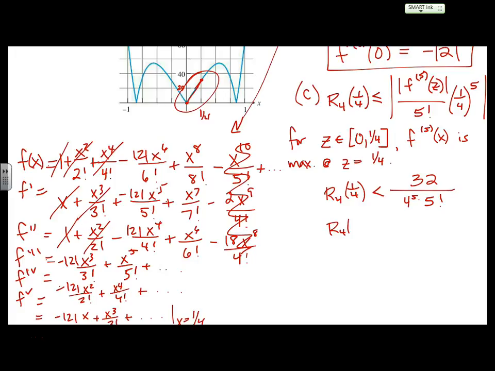R sub 4 of 1/4 has to be less than 4 to the 5th, that's going to be 16, 16, 256. 256 times 1,024, good. And then 5 factorial would end up being 120.